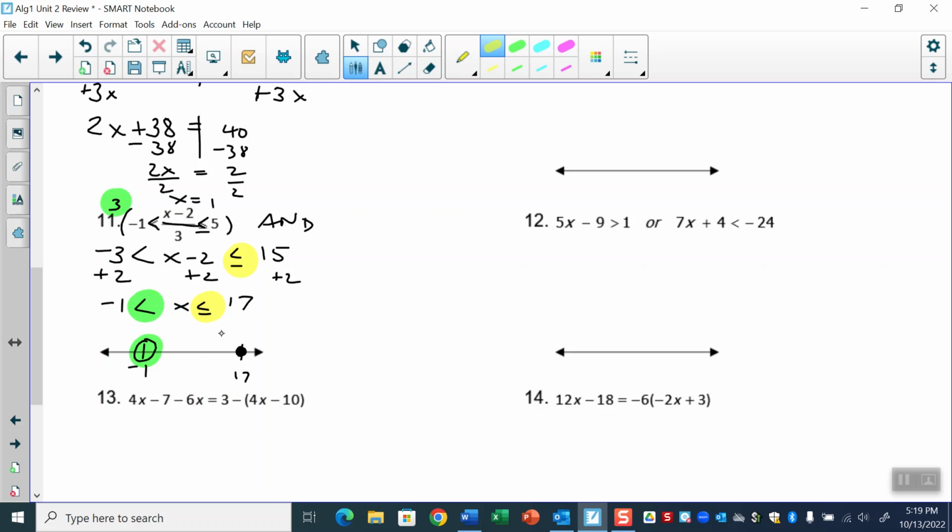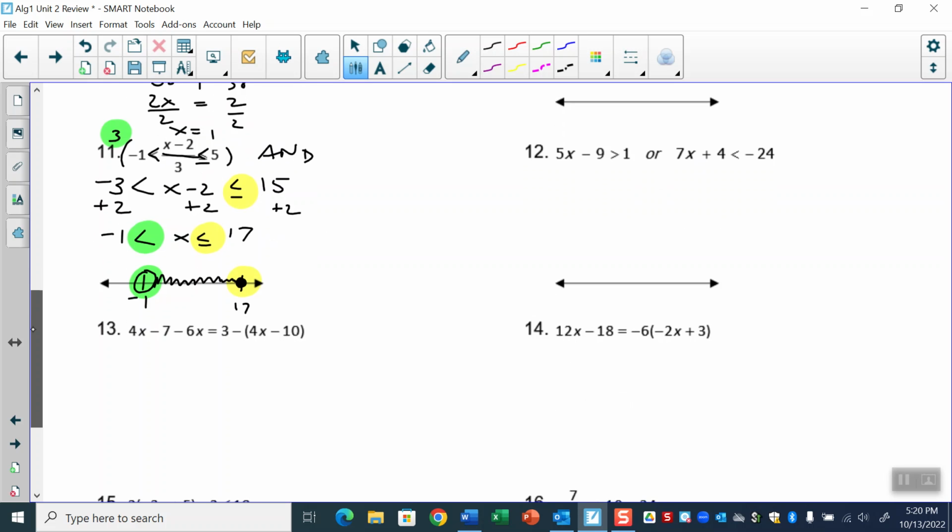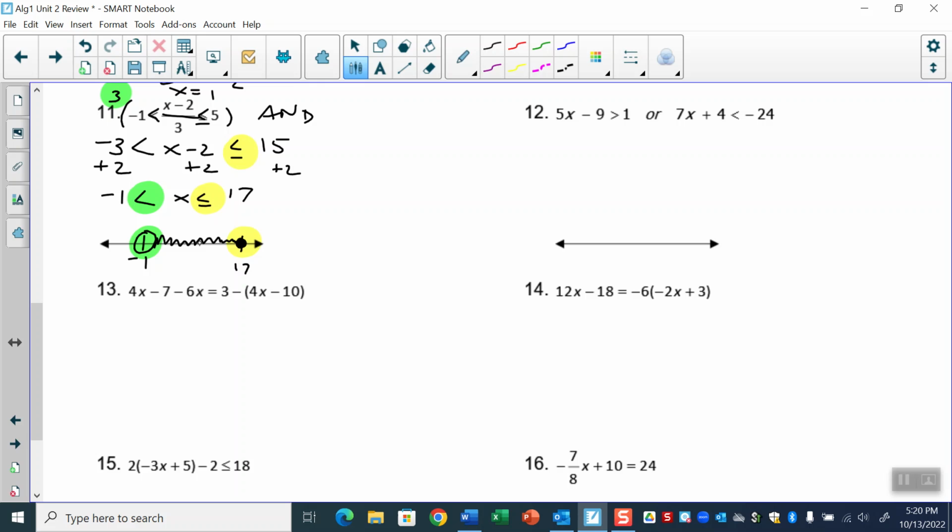This one's less than or equal to, so that would be a closed circle. And then I'm going to shade in the middle. That is an "and." All these numbers are greater than -1 and less than or equal to 17.